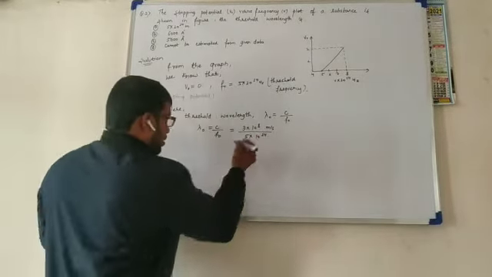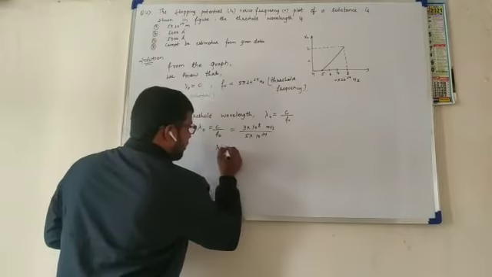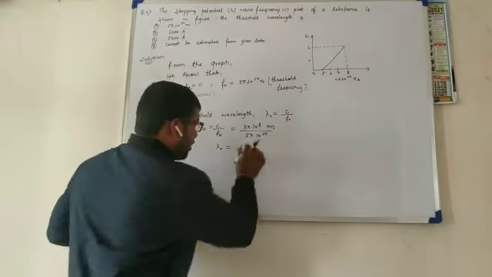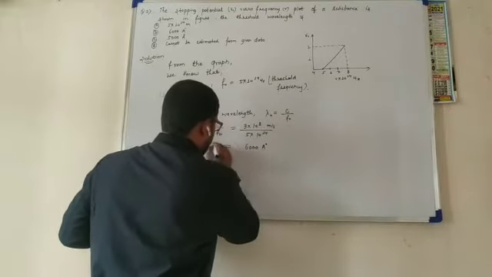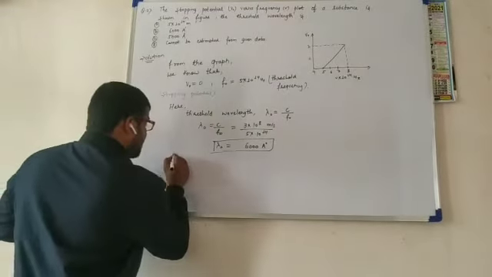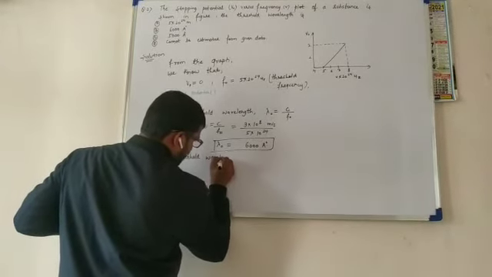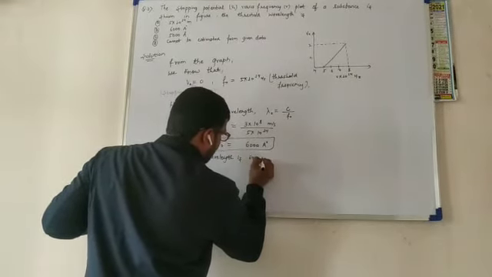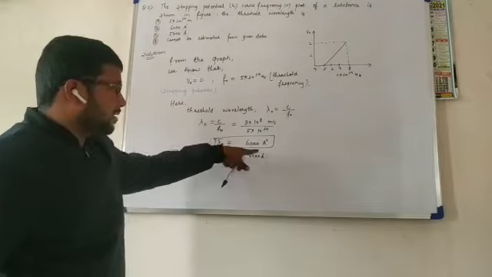So from here the value of the threshold wavelength will come 6 into 10 to the power minus 7 meter, near about 6000 angstrom.